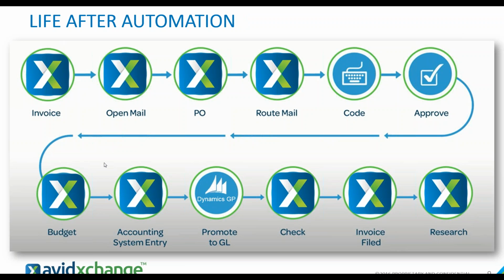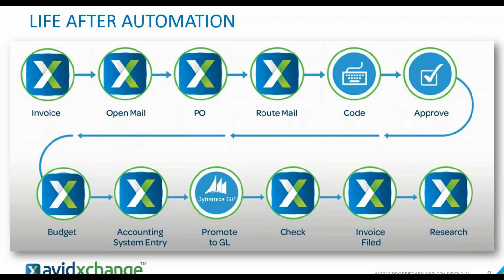Now this next slide you see here, this is an AvidXchange automated process. Now everywhere we see our AvidXchange logo, this is where a manual process has been taken over by our technology. One thing that we always stress is that the automation is really only as good as the time it frees up.